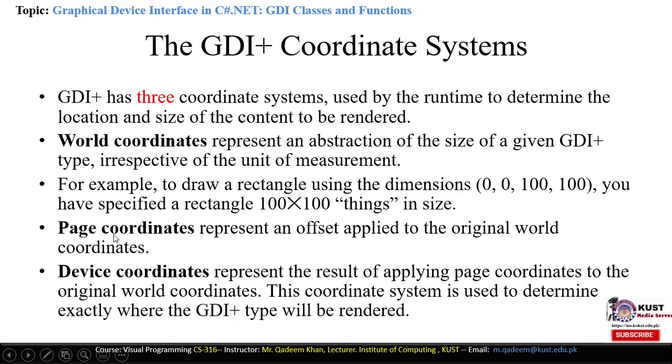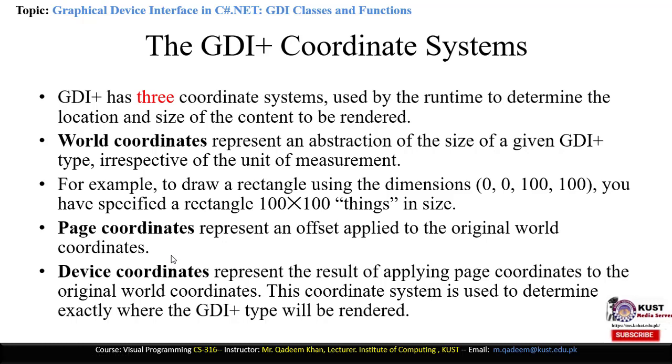The next coordinate is the page coordinates. It represents the offset applied to the original world coordinates. So the page coordinate represents the particular offsets that are applied over the world coordinates. And the third one is the device coordinates, which map the page coordinates to the original world coordinates.